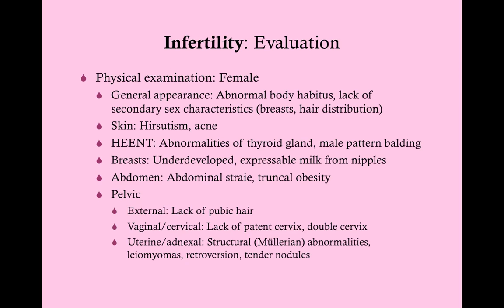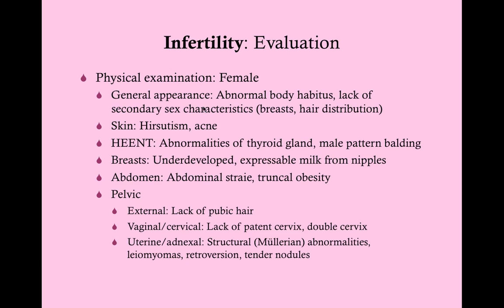But the one that I want to draw your attention to, because it could come up in a test question, is: does she have things like a webbed neck, a short stocky habitus, a square-shaped shield chest, widely spaced nipples? What is that? That's Turner syndrome. And you would expect that to be accompanied with primary amenorrhea, or at least delayed menses. So that's something that may come up on the test.